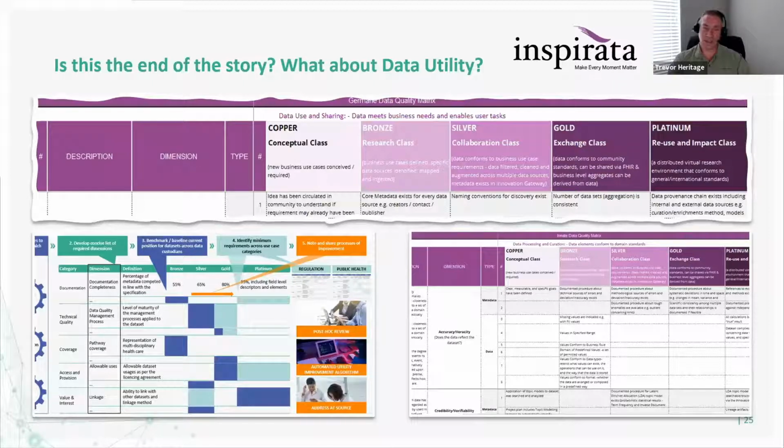Telling somebody that their data set is okay, but not great, is perhaps a useful thing, but telling them what they need to do to make it better is much more helpful.